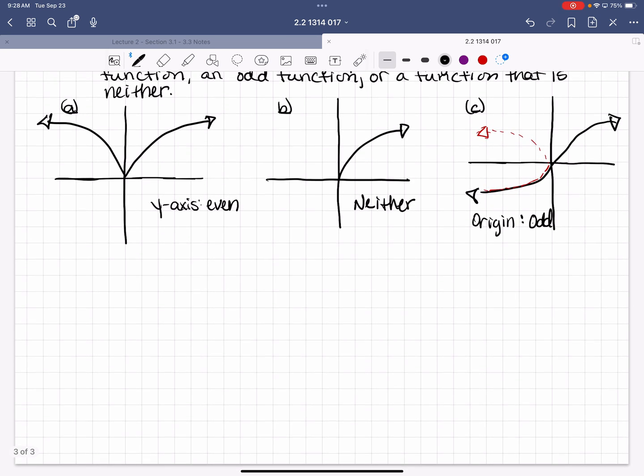Example 5. Of course, then they're going to give you some where we actually have to test the function.